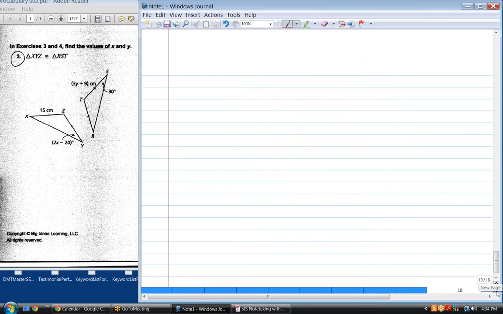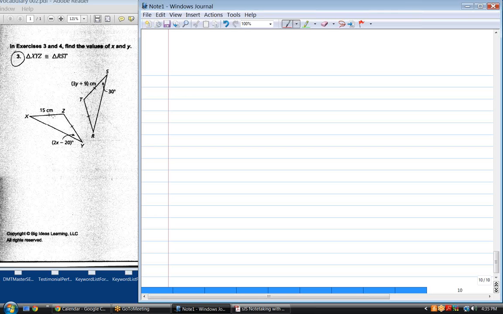Okay, here we need to find the values of X and Y, and we know the triangles are congruent, because that's what it says there. And they tell us which is the congruent side.